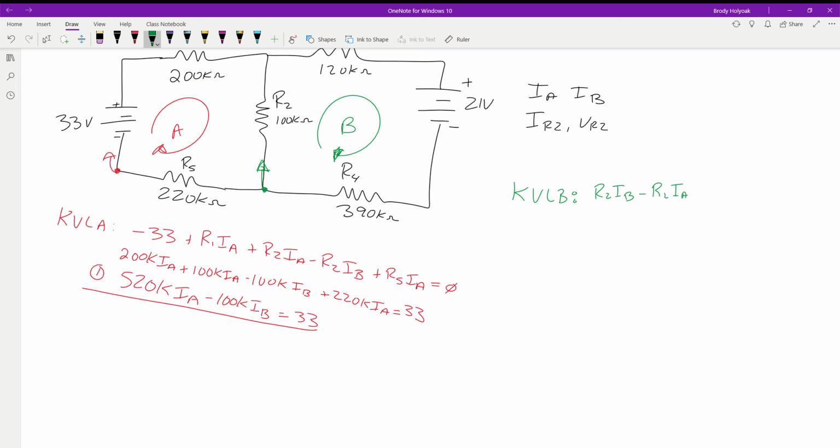Then when we come up and around, we run into R3, so plus R3 IA, plus 21, and then finally plus R4 IB equals 0.